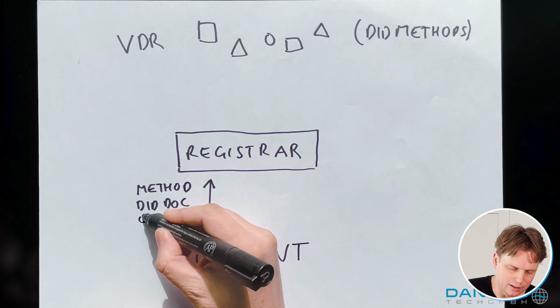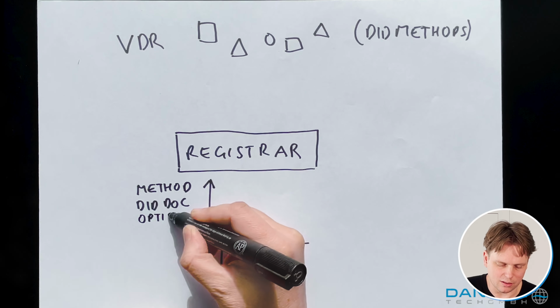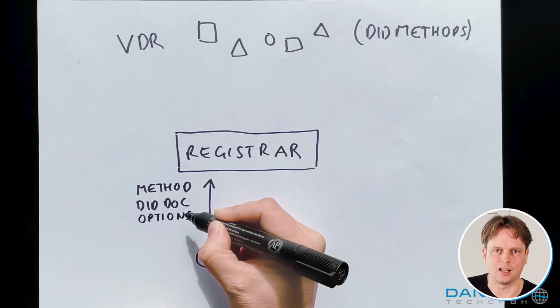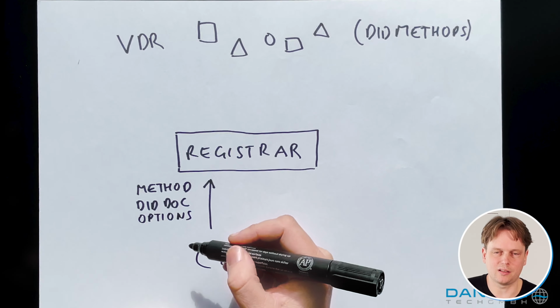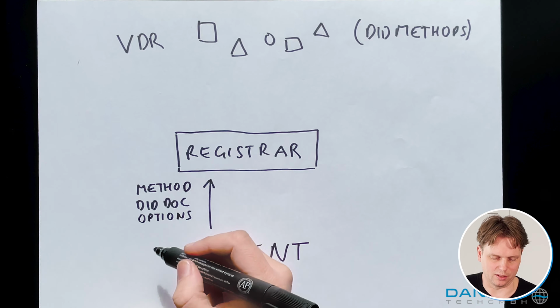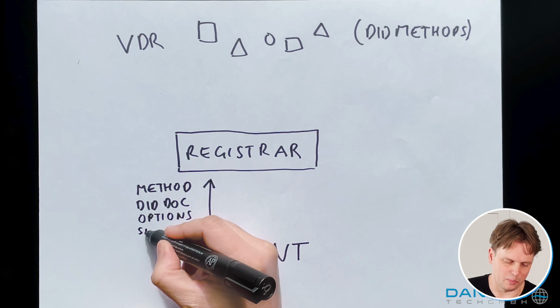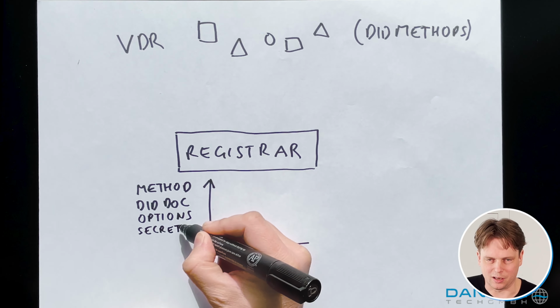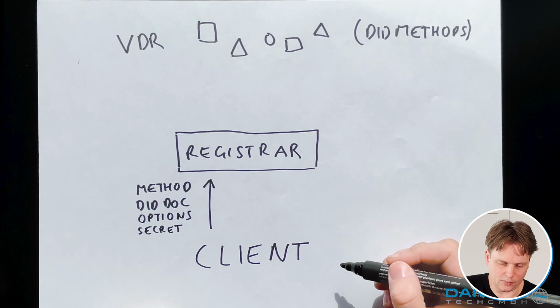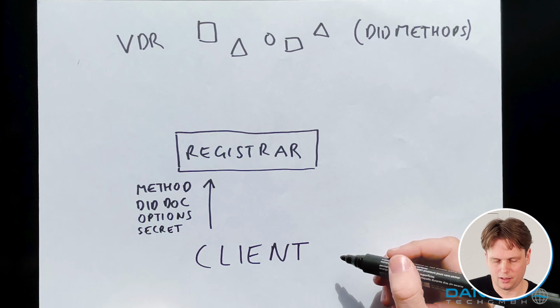In addition to that, the client also passes in options to the process for controlling certain aspects of where and how the DID is created. And in some cases, depending on the exact flow and depending on the DID method, the client may also pass certain secrets to the registrar component, for example, access tokens or other secret values.